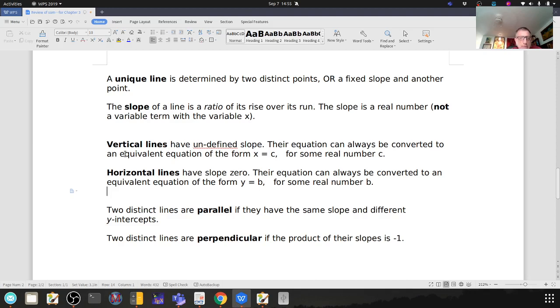So the slope of a line is the ratio of its rise over its run. So that's the change in the y values, because the y goes up and down, over the change in its x values. Those go horizontally. The slope is a real number. It's not a variable term, and there is no variable x.